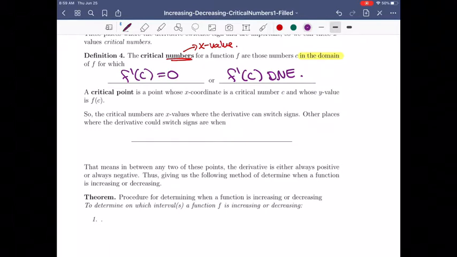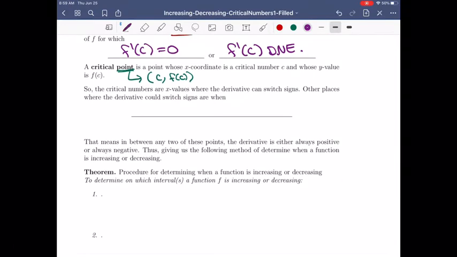But we also have this idea of critical point. The x value is a critical number, and the y value is what goes with it. So this is the point (c, f of c), where c is a critical number. So the critical numbers are x values where the derivative can switch signs. There are other places where the derivative could switch signs, and that's when the function doesn't exist.